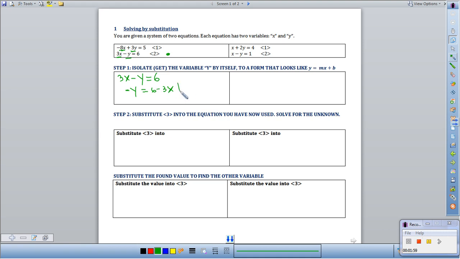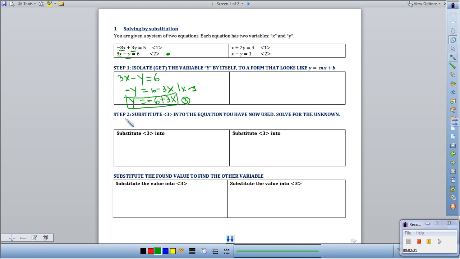So I'm going to multiply the whole equation by -1. And then I will have y equals -6 plus 3x. And you can label this equation 3. That is my third equation.